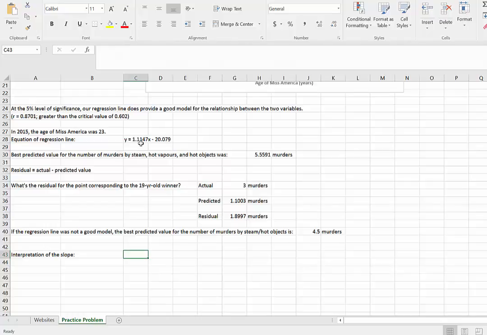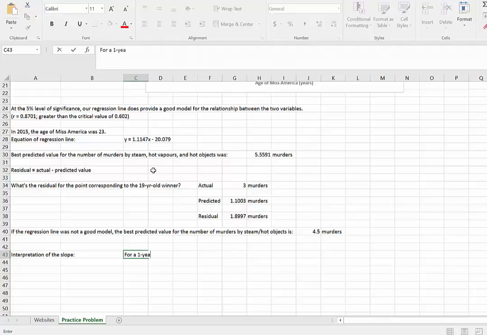So remember, slope is rise over run, and the rise goes with the Y values, and run goes with the X values. And we're always assuming that it's just this number over 1. So the X is always increasing by 1.